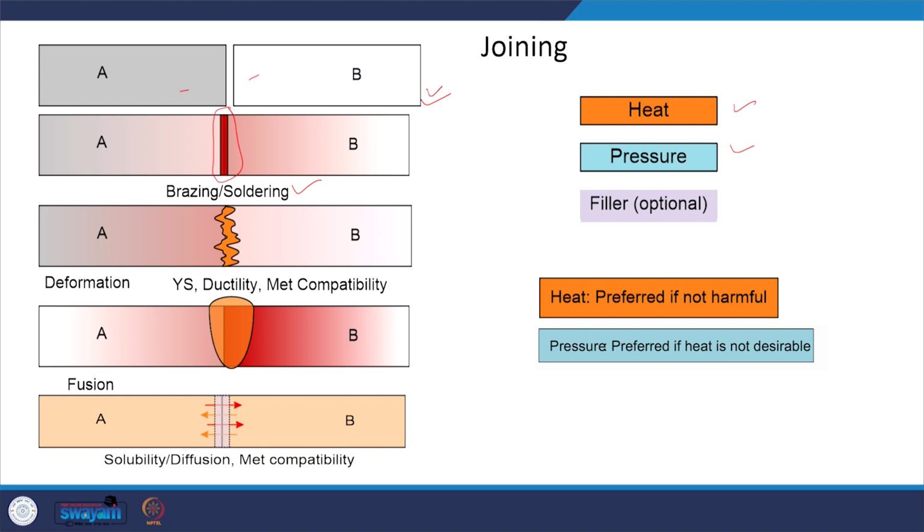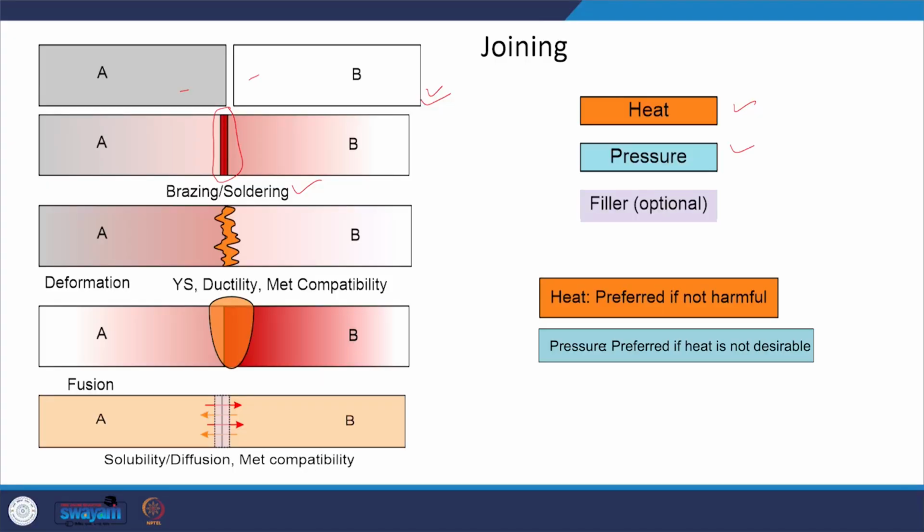And then the solid state joining, which involves primarily plastic deformation using controlled application of pressure force to achieve interfacial deformation, so that mechanical interlocking and metallurgical bonding across the interface take place. For this, it is preferred that the yield strength is low, and the metal systems being joined using solid state joining have enough ductility.